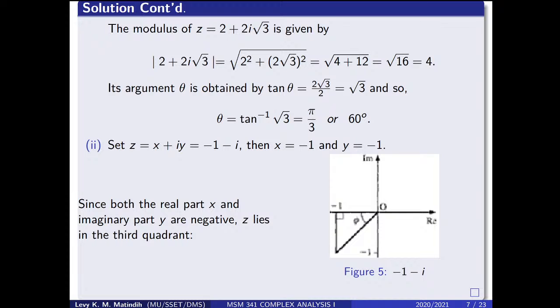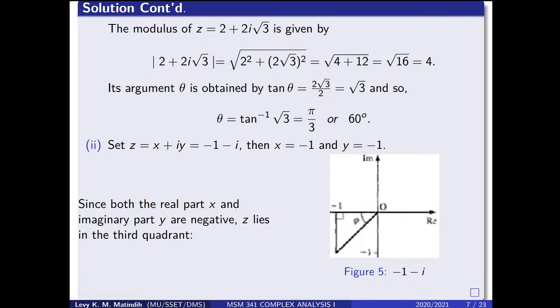Then for the argument, theta is obtained by taking tan theta, which is equal to the imaginary part, 2 times the square root of 3, over the real part, 2, which gives us the square root of 3. From this, theta is equal to the arctan of the square root of 3, which in degrees is 60 degrees.